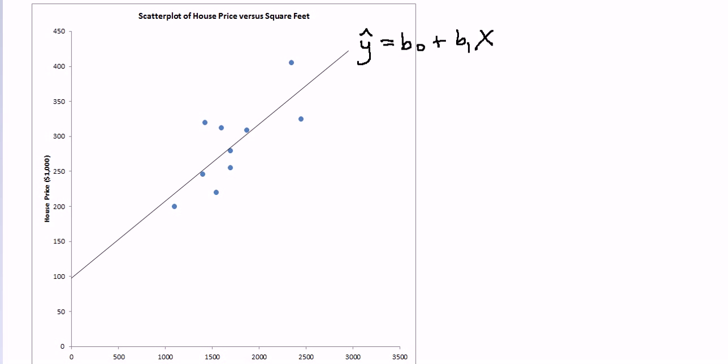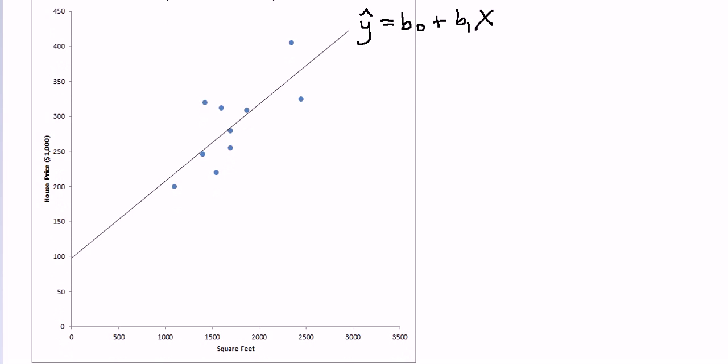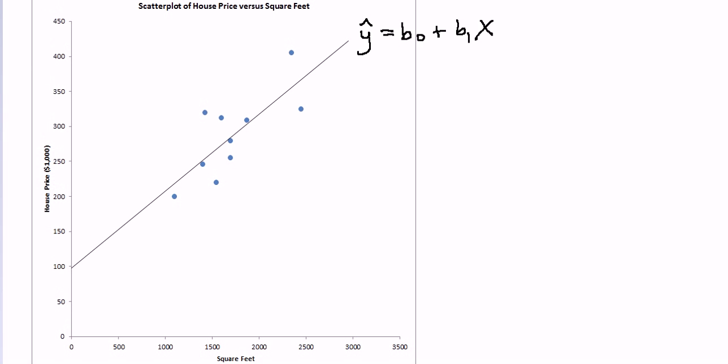This is the line that gets as close as possible to these points. So what does that mean? Obviously you see that there is no line that you could have drawn that would have touched all the points, or else you would have ended up with a very complicated curve that would be focusing on the noise rather than the pattern.